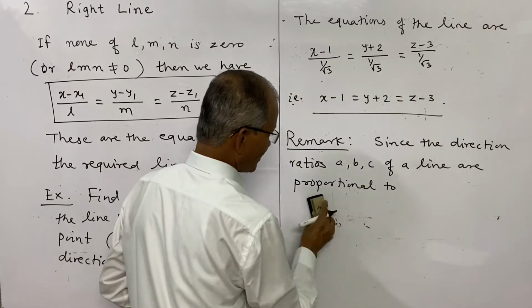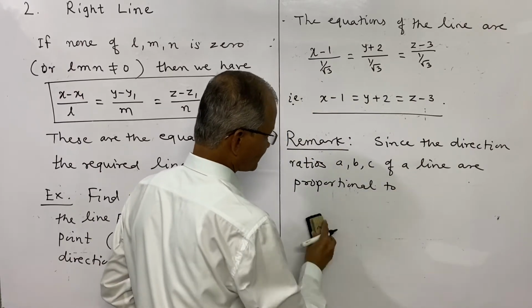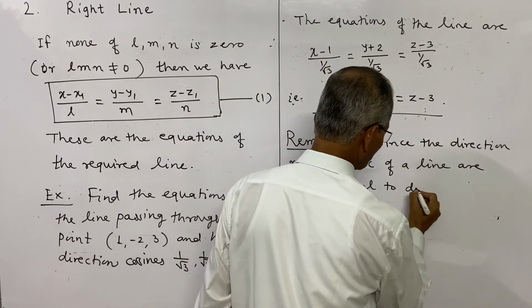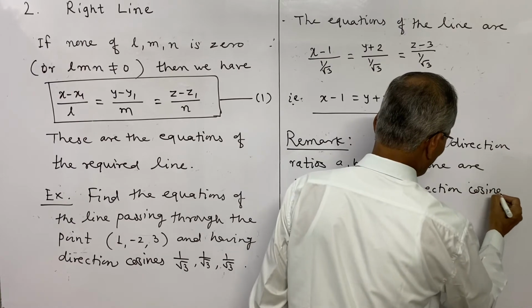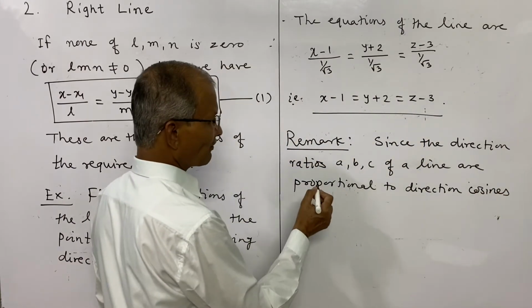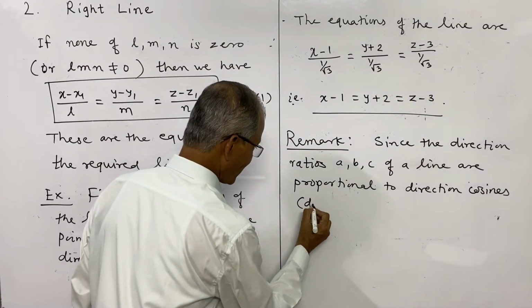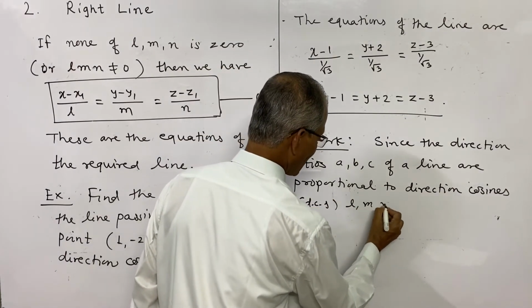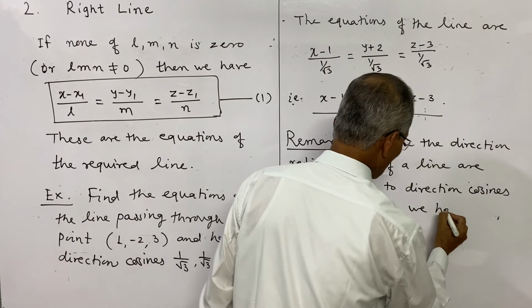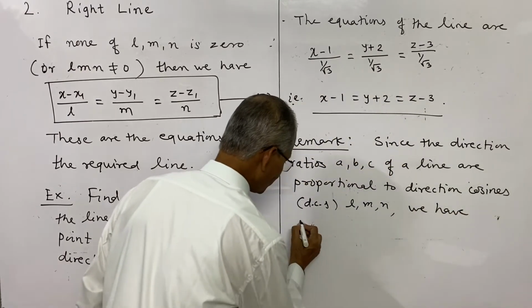In short, hereafter we will denote these by DCs, DRs, direction cosines l, m, n. So we have equations of line.